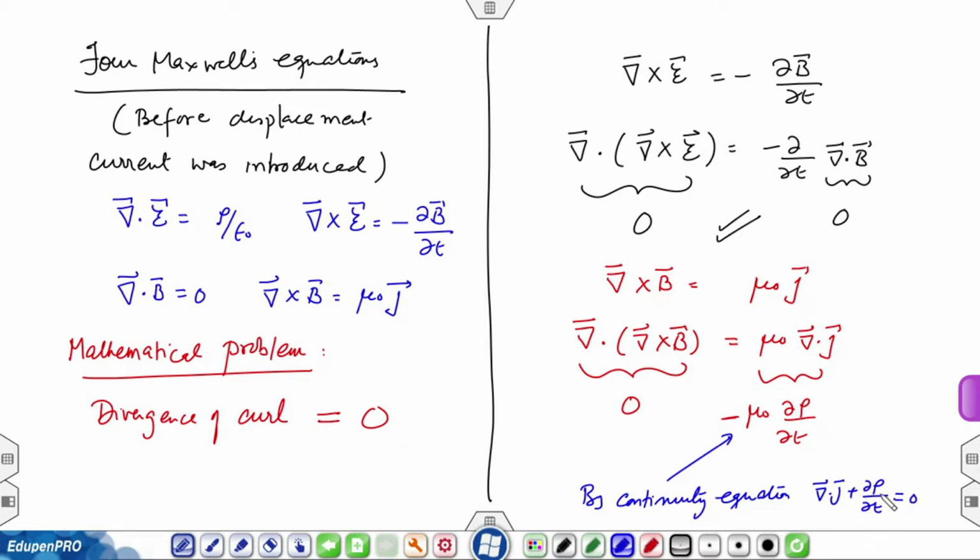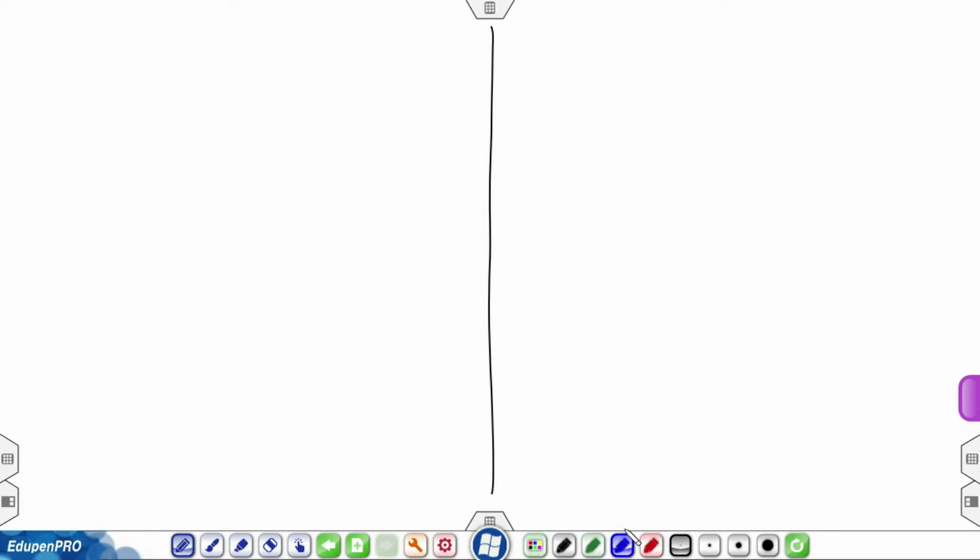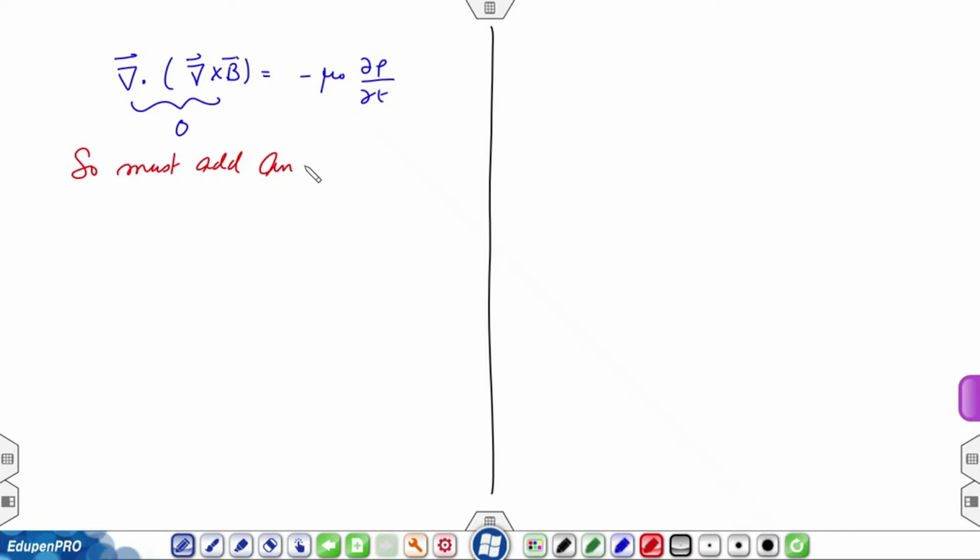So, left hand side is 0 and right hand side is not, and therefore, I have to correct the equation. So, we have divergence of curl of B equals minus mu 0 d rho by dt. This is 0. So, we must add another vector to the right hand side.